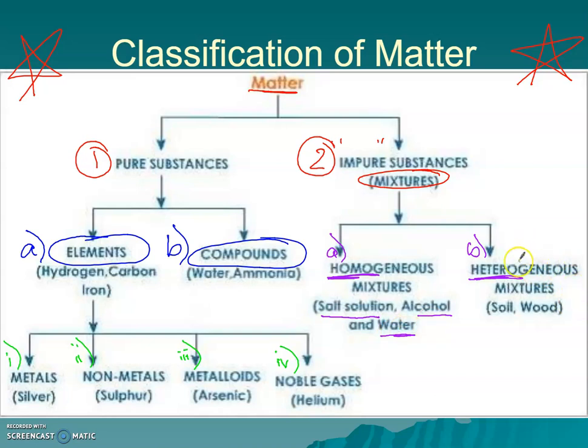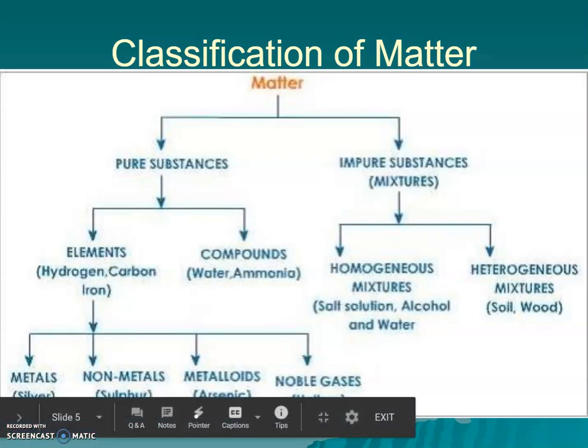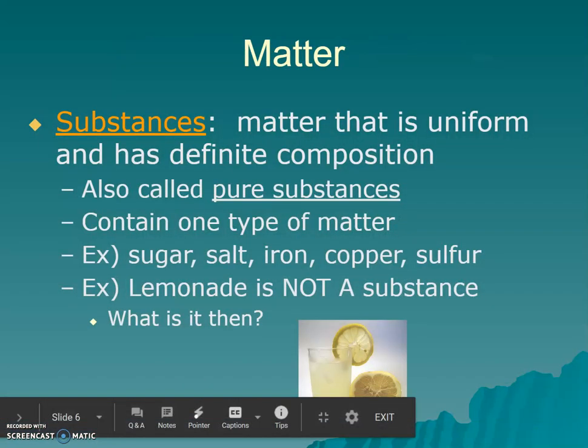You're going to see different parts, like homozygous and heterozygous, like you learned in bio class. So soil, wood, rocky road ice cream, a salad, a cheesesteak, all that kind of stuff is going to be a heterogeneous mixture. We will actually refer back to this classification of matter table a lot. It really does help.